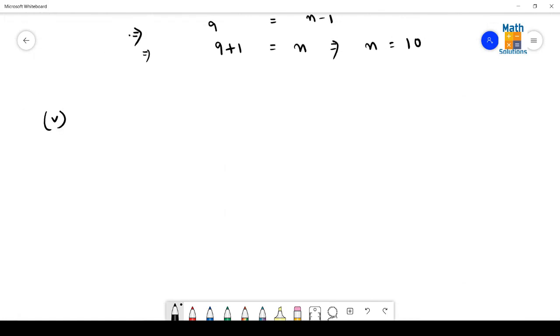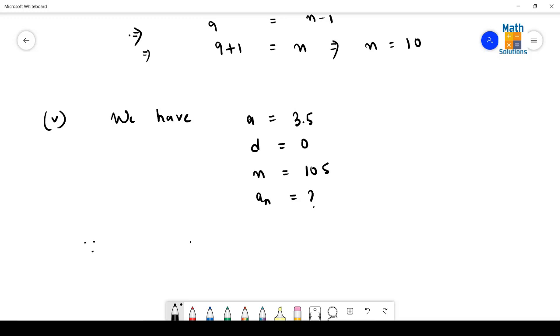So in 5 we have A is equal to 3.5, D is equal to 0, then N is given to be 105, and An is not given. This is to be evaluated.